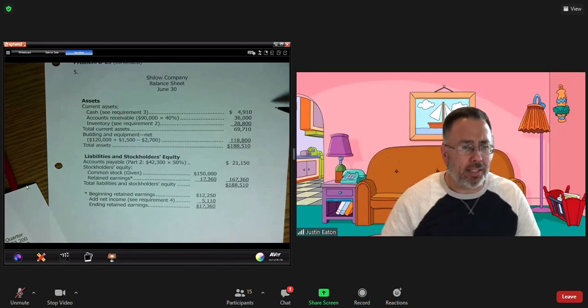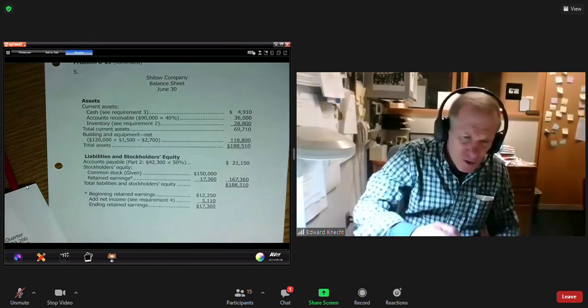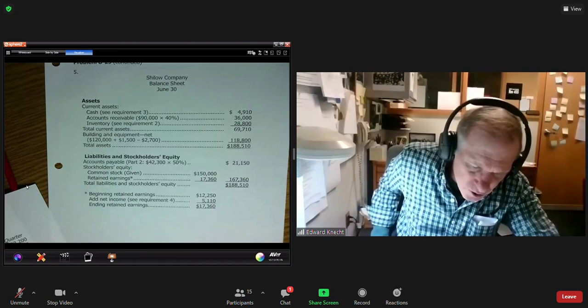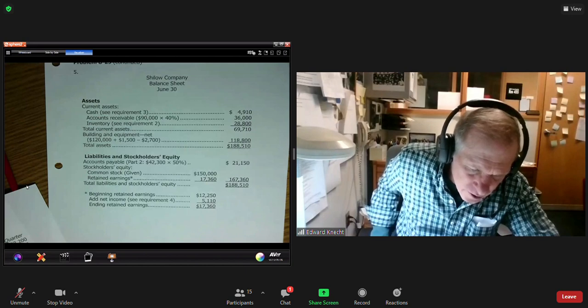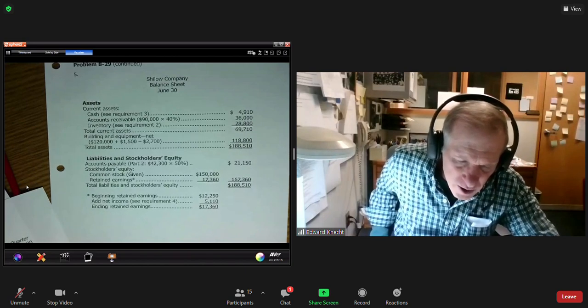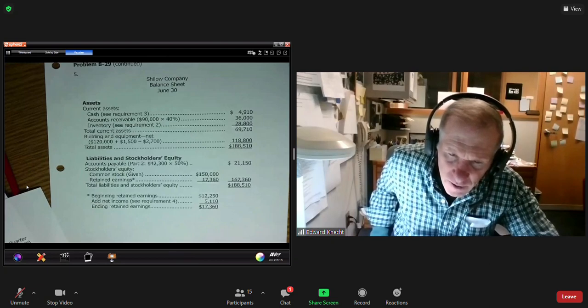Yes, I just wondered where the 90,000 came from. 90,000 is on page 407. All that information, they give us the actual for March, and then the rest are budgeted. And they tell us in letter C, sales are 60% cash and 40% on credit. So that means 40% of those sales, we did not receive cash.